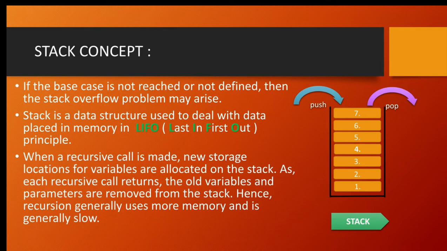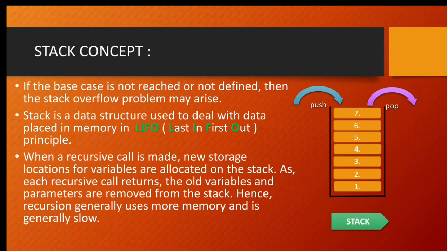Hence, recursion generally uses more memory and is generally slow. Means for every recursion they are utilizing more memory, that's why they are slow. One by one they keep a record, and whenever that function stops, it is popped out.